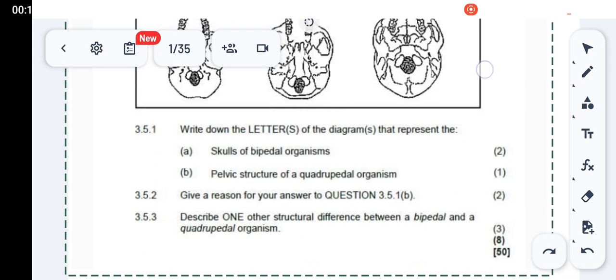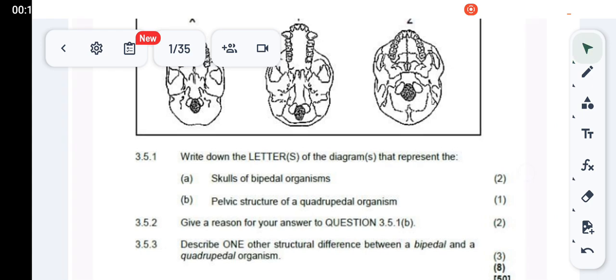Right. Then we can therefore answer the question, which says, write down the letters of the diagrams that represent the skulls of bipedal organisms. That is for 2 marks. So now, those are some of the keywords, some of the concepts that you need to understand in order for you to answer these typical questions.